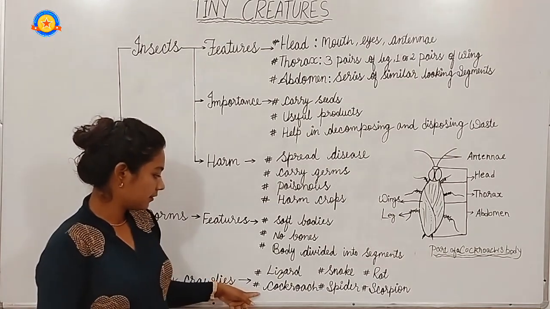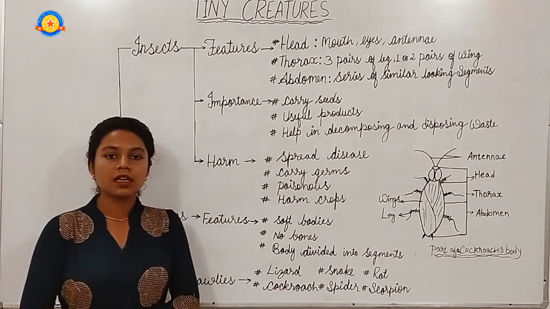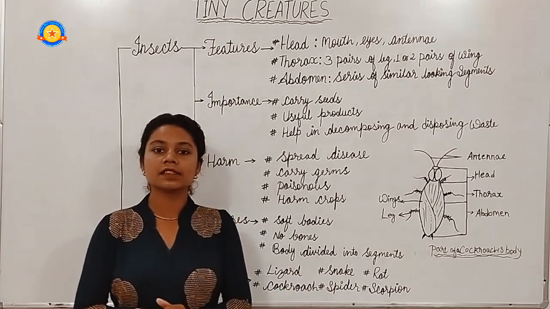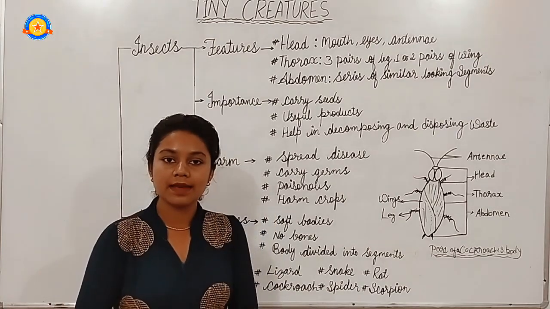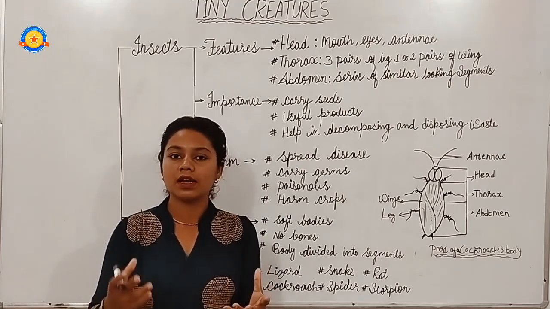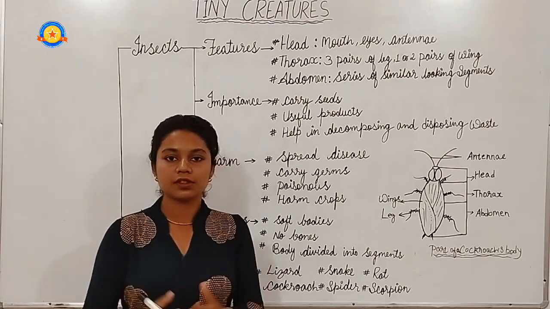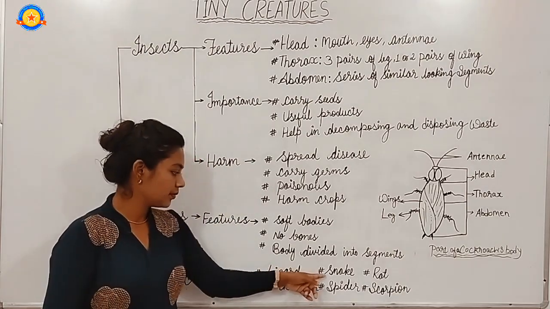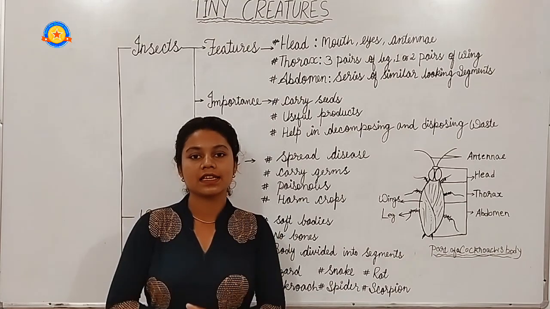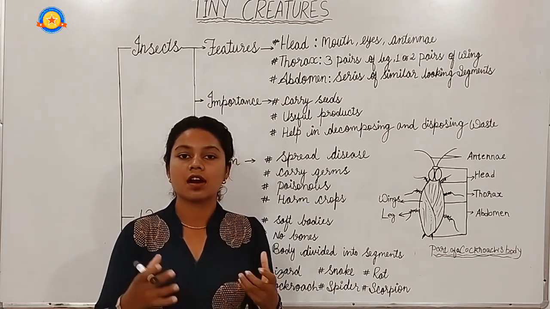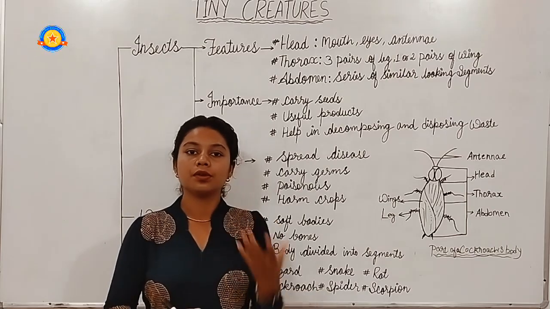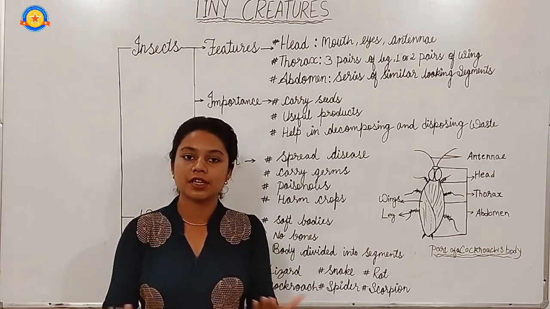And next we have cockroach. See, cockroach, it is an insect which has wings, and it spreads various diseases like cholera and typhoid, etc. Next we have snake. See, snake, it is not an insect. It is an animal that crawls over the ground due to having no separate limbs.